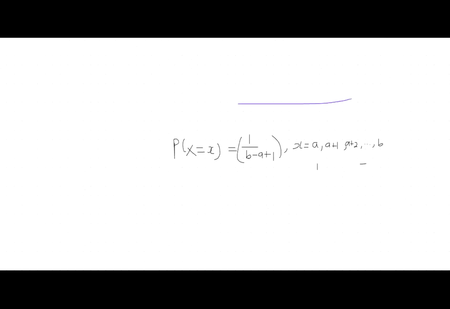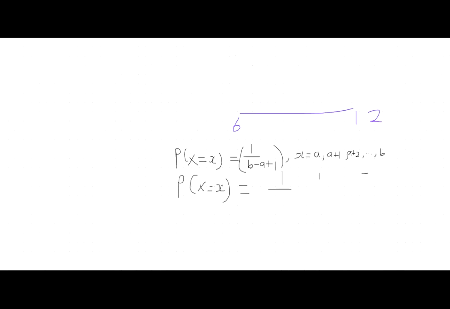Now, what happens is that the probability that X is equal to whatever it may be, any one of them, you already know. So even if I put 6 here, it will still be the same probability for each of them. So let's just put it as x for now. The probability that X is equal to x now will become 1 over B minus A plus 1. Don't forget, in this case, our A is 6 and our B is 12.